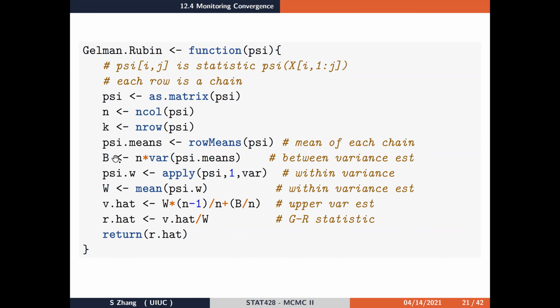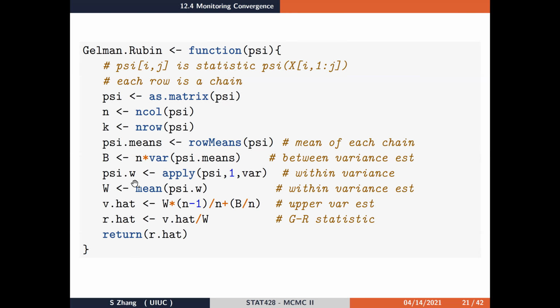Next, we will calculate the within sequence variation, W. In order to do that, we need to first get the variance of each of the chains. We can do this by using the apply function on the psi matrix, and we calculate the variance of each row. So by doing it for each row, we specify margin equals 1.